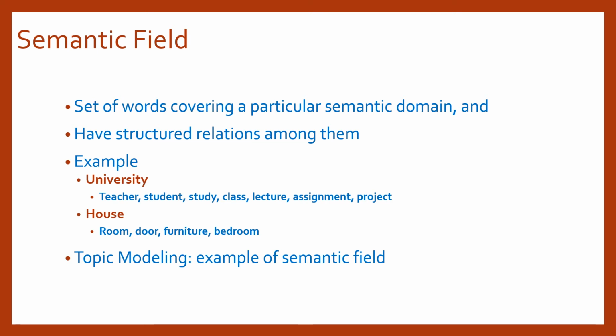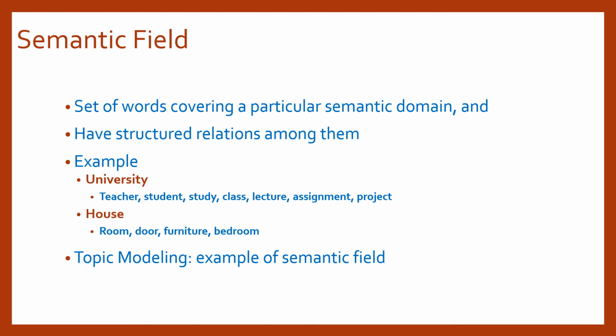This group of words is associated in the domain of university. The university covers this bigger field, and the words very commonly appearing in that environment have some sort of association with each other.